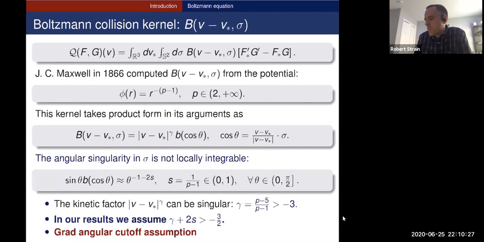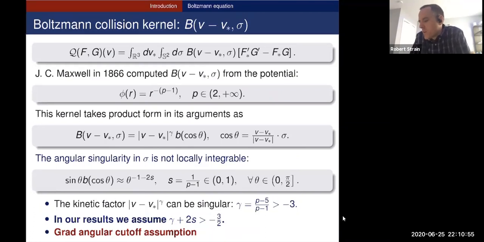Now this is well understood to be like a geometric fractional Laplacian. But for a long time, there was this Grad angular cutoff assumption, introduced by Harold Grad in the 1960s. People just assumed that lowercase b of cosine theta was either bounded or integrable. And this is a reasonable assumption.